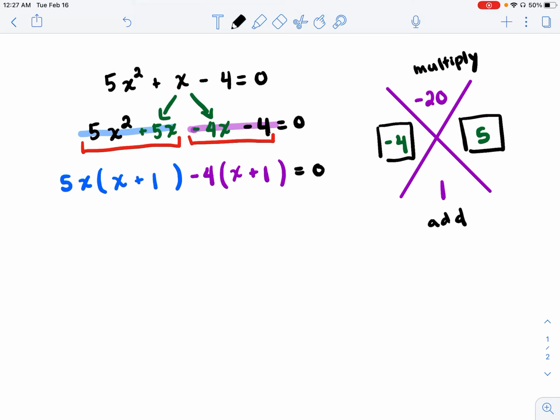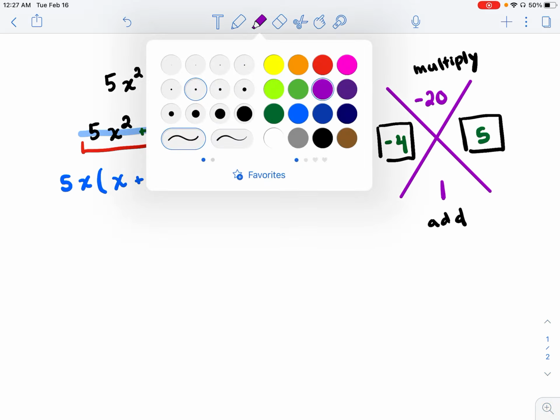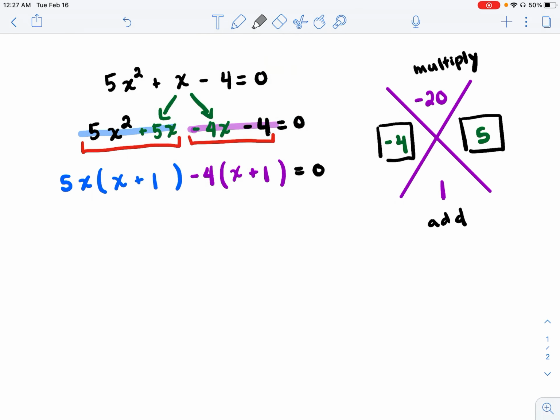And then from here, I'm going to look at this polynomial as a whole, and you'll notice that we have an expression they have in common, x plus 1 and x plus 1. So within the blue group, I have an x plus 1, and within the purple group, I have an x plus 1.